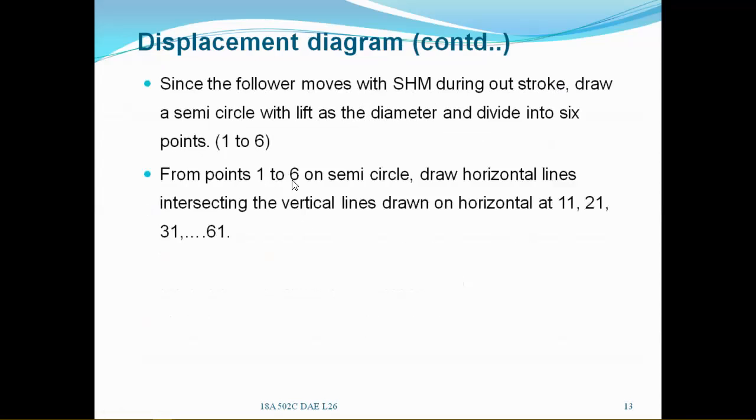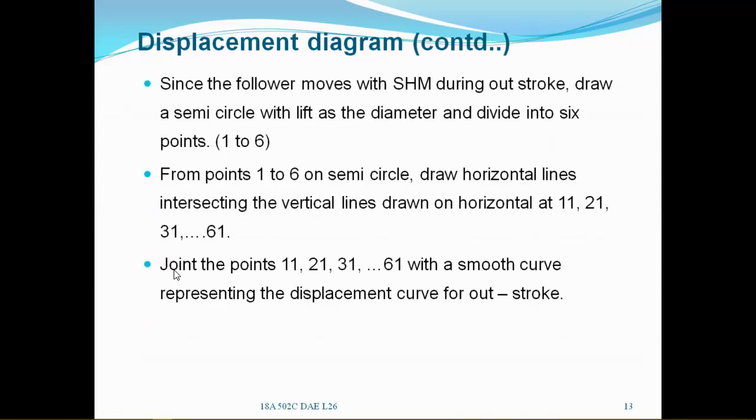From points 1 to 6 on the semicircle, draw horizontal lines intersecting the vertical lines, at 1 dash, 2 dash, 3 dash, up to 6 dash. Join the points 1 dash, 2 dash, 3 dash, up to 6 dash by a smooth curve representing the displacement diagram for the outstroke.